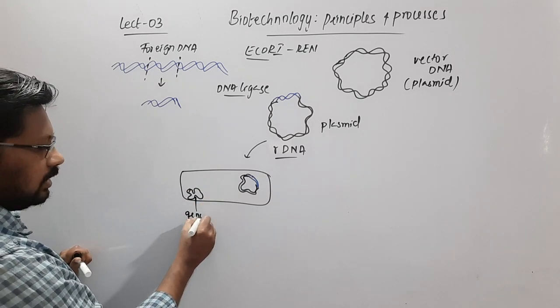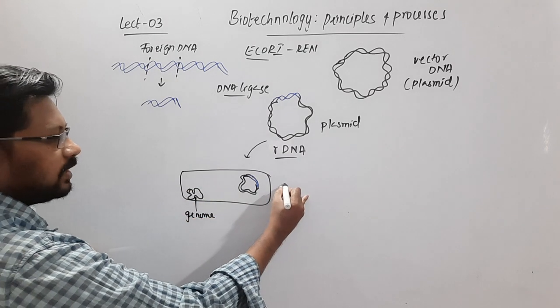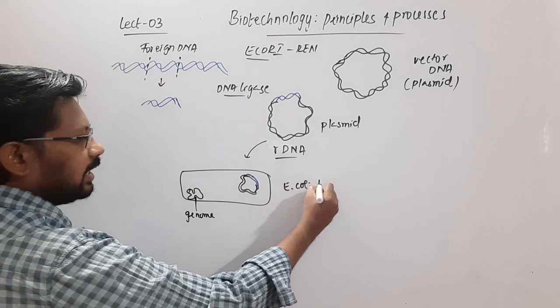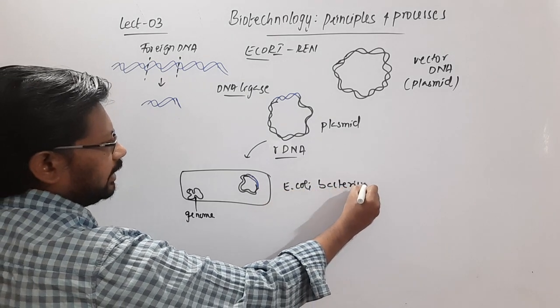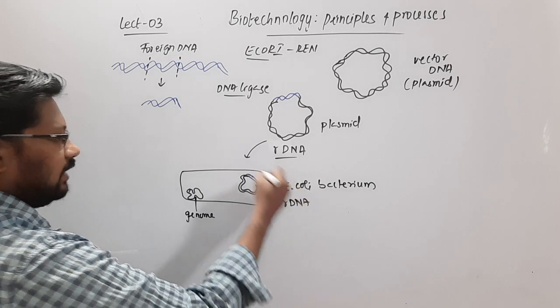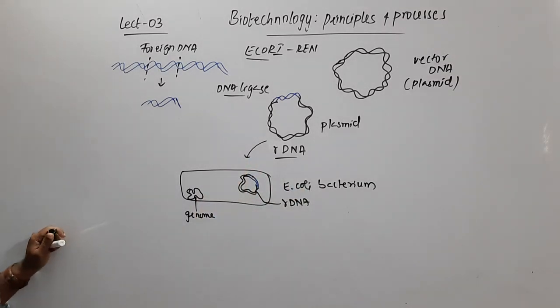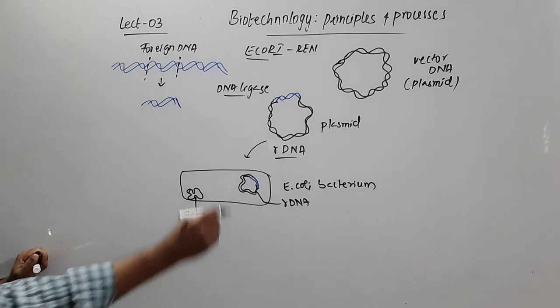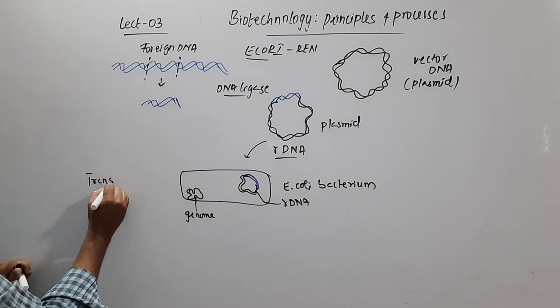This is the bacterial genome. Say suppose this is the E. coli bacterium, and this is the rDNA that I have introduced into the E. coli bacterium, and this is a process called transformation.